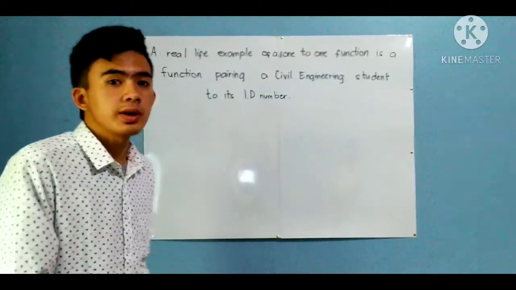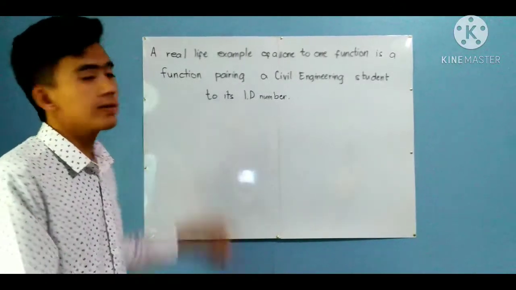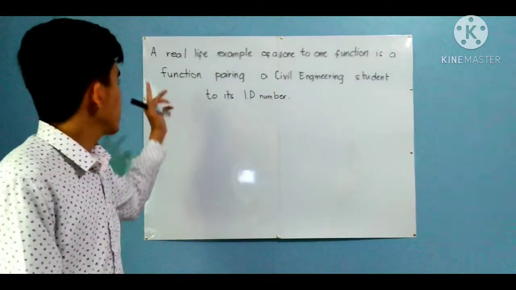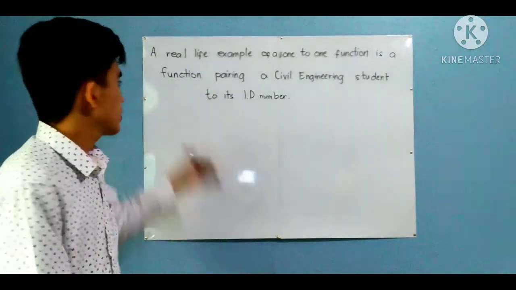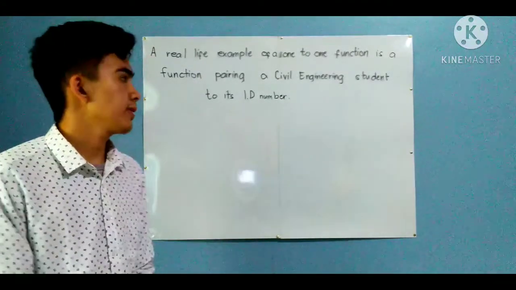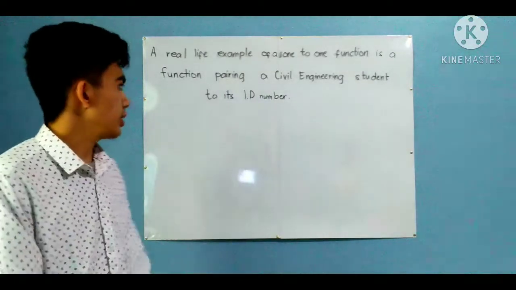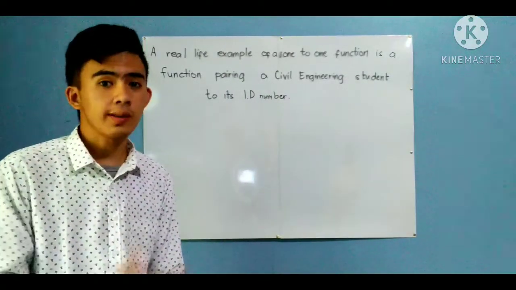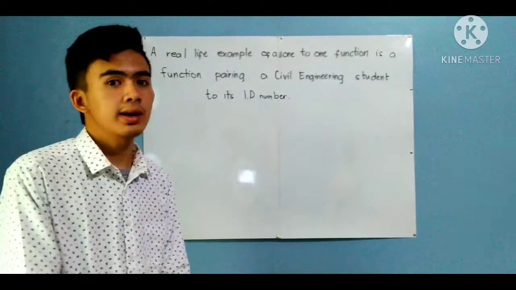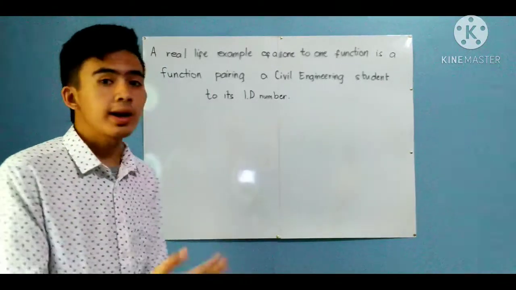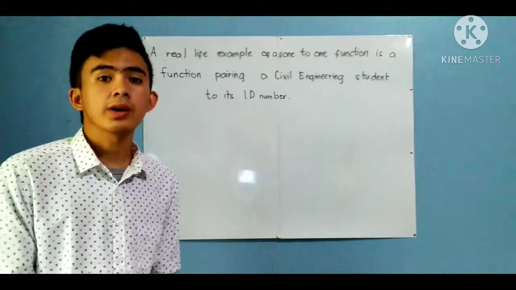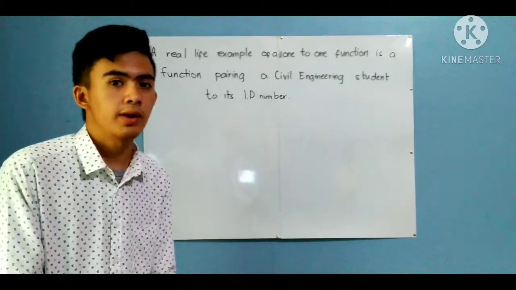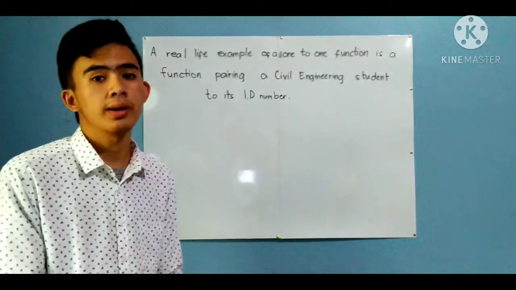Let's proceed to another example, which is a real life situation. A real life example of a one-to-one function is a function pairing a civil engineering student to their ID number. For example, kaming mga students sa PSC, magkakaiba yung mga ID number namin kaya matatawag yun na one-to-one function kasi nag-pair kami in one element.